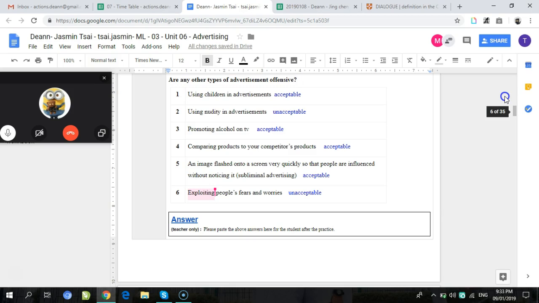There are many people in Taiwan who worry about their health and their bodies.